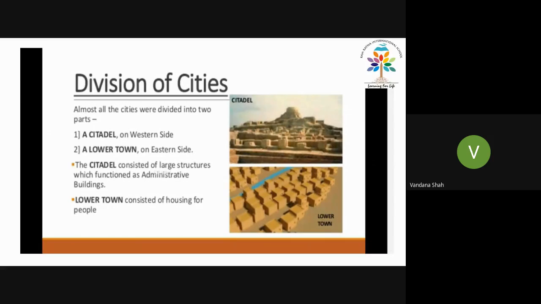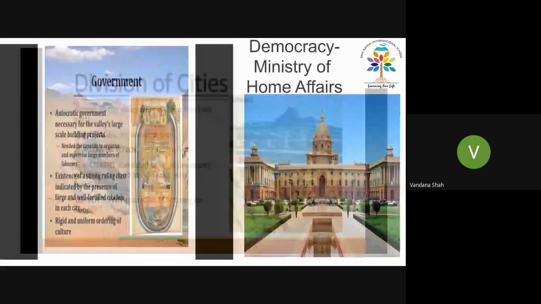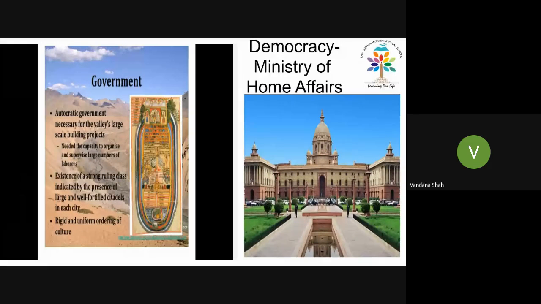in the next slide. Ma'am. Yes, in our country, where we follow democracy, the Ministry of Home Affairs is there, they sit, decide and think for the welfare of the country. Each and every committee takes care of each aspect of our country. Likewise, in that civilization the ruling people were living in the citadel. It doesn't mean they were kings, nor do we have any such evidence from that civilization, because they believed in equality.